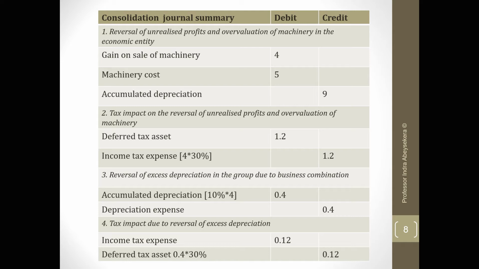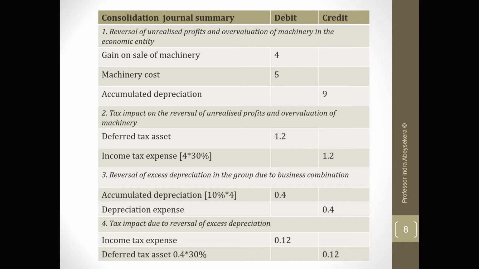What it means is that we have decreased the carrying value of the asset by 4. If we decrease the carrying value of the asset compared to the tax base, that difference 4 is a deductible difference for taxation purposes, and the deferred tax of that is 30%.